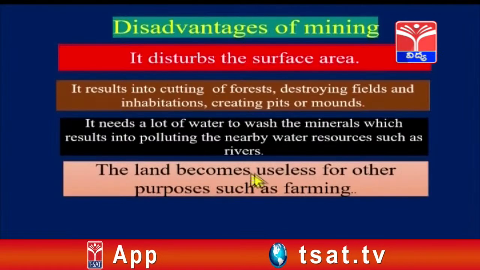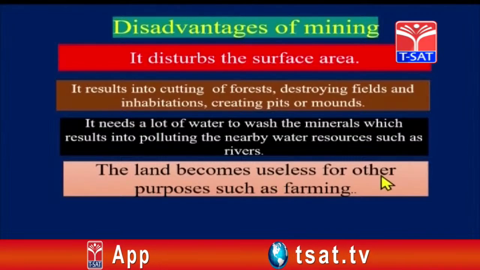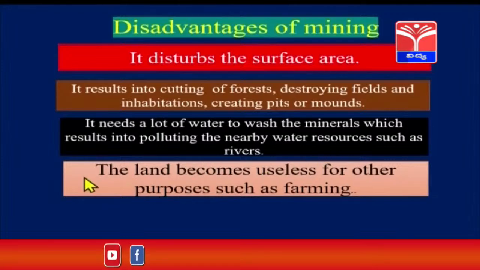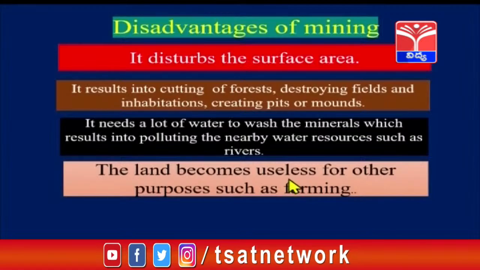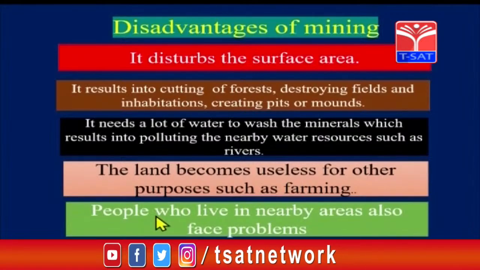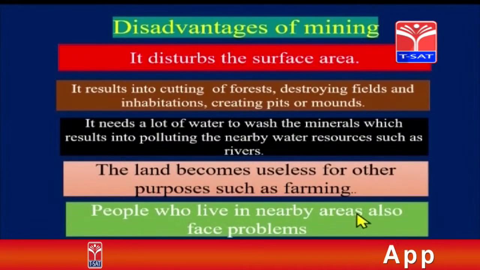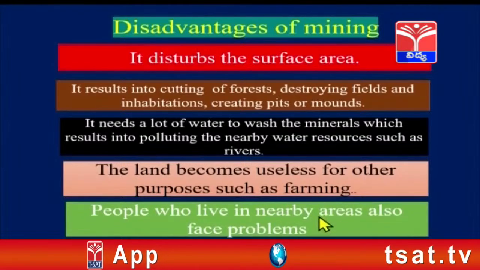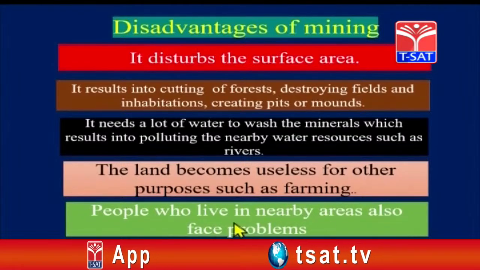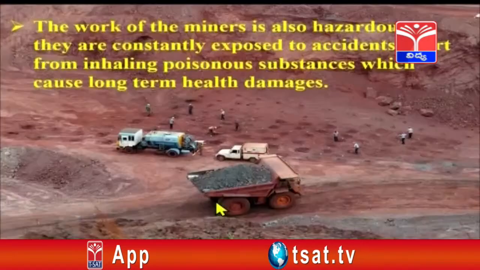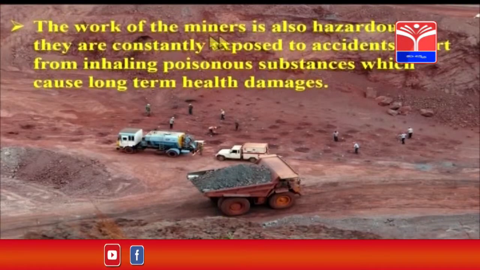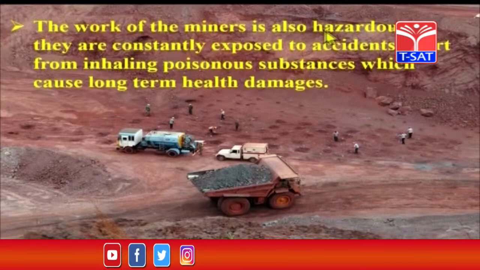The land becomes useless for other purposes such as farming. Once mining has started in a particular area, that land becomes completely useless for farming. People who live in the nearby areas, residing near these mines, also face a lot of problems.